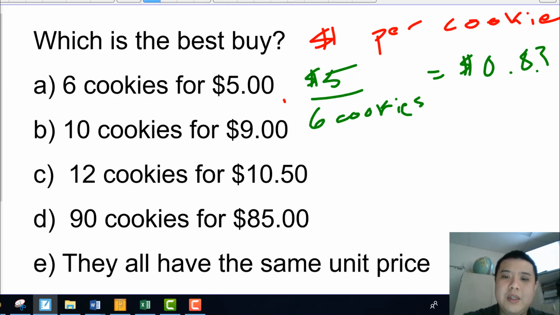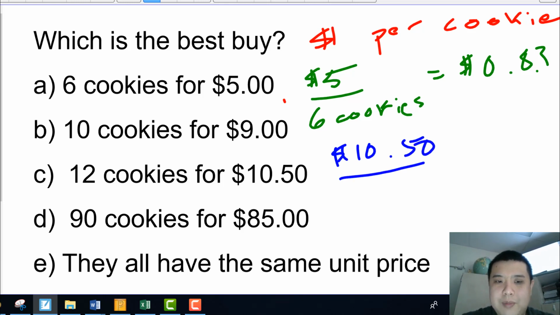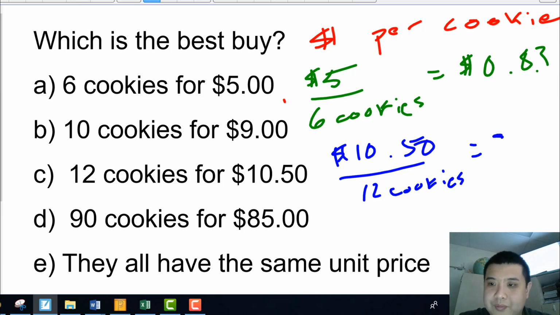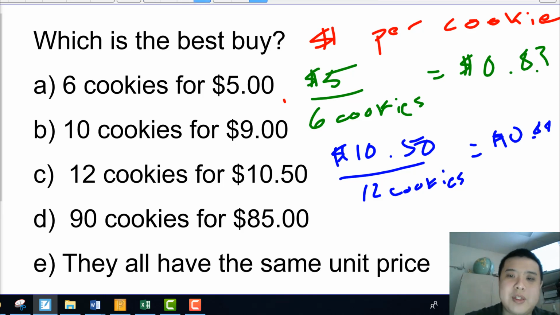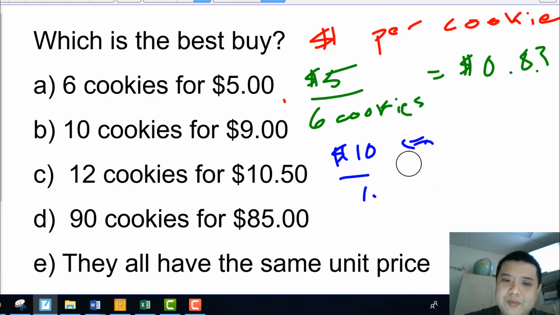What we get is $10.50 divided by 12 cookies. And what we find that to be is, when rounded, 88 cents per cookie, which again is not better than the 83 cents per cookie. We want the cheaper one, so we're going to just erase that one because we know that one's not the right one.